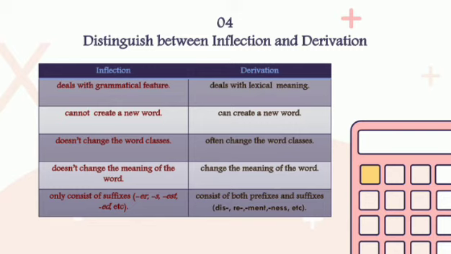And the last difference between them, as far as I understand, is that inflection only consists of suffixes, especially in some forms like plurality, possessive, continuous, past tense, comparative, superlative, and etc. But derivation may consist of both prefixes and suffixes.